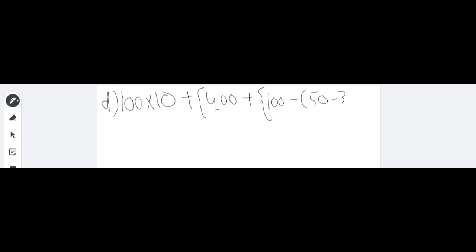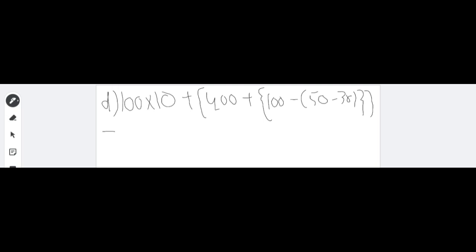So I think this one is difficult or easy? 100 multiplied by 10, and then plus we have square bracket 400, then plus curly bracket 100 minus into 50. The tens and the ones and the 100 make this expression much easier.